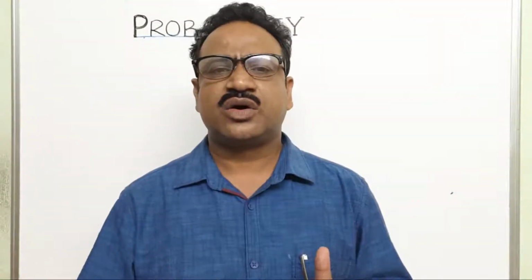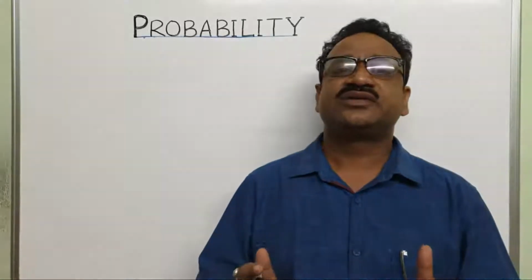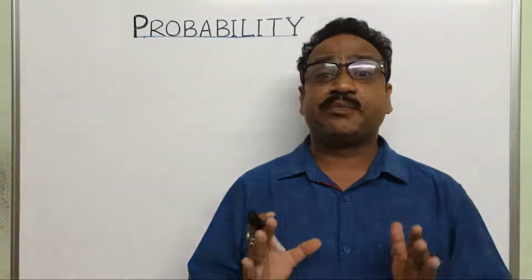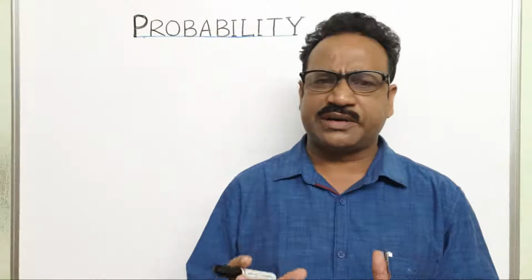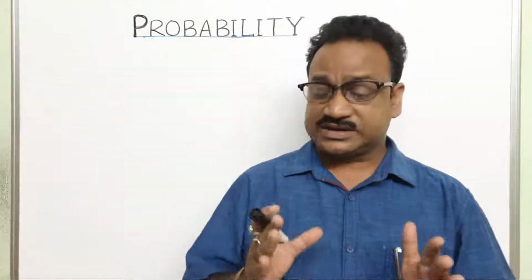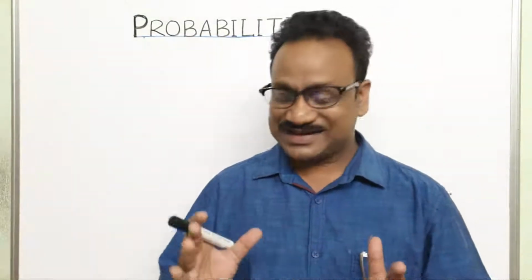That is only classical probability, or we can say theoretical probability. We are not reading about empirical probability. Classical or theoretical probability we are reading in our syllabus of class 9 as well as class 10.